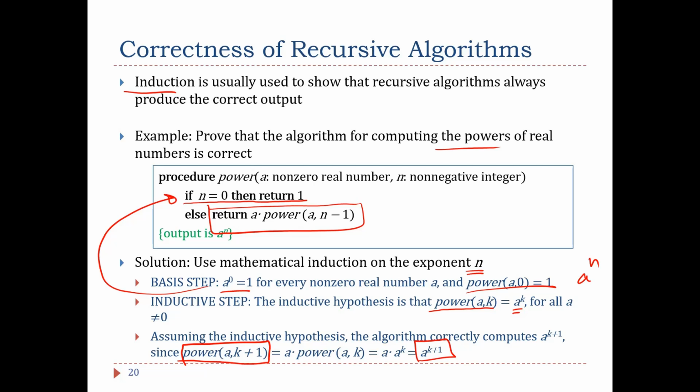According to this piece of code, this is equal to a times the power of a, k, which is equal to a to the power k according to the inductive hypothesis. Now, if this is multiplied by a, this yields a to the power k plus 1. So you can notice that this is straightforward. Technically, it's crystal clear.